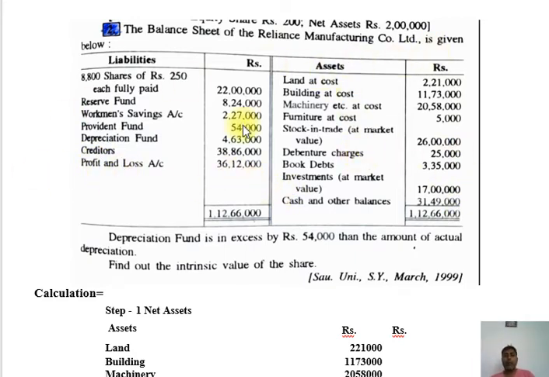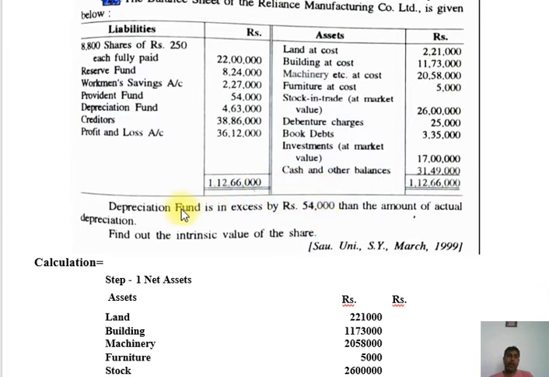Now asset side: land 22 lakh 21,000, building 11 lakh 73,000, machinery 20 lakhs 58,000, furniture 5,000, stock 26 lakhs, debenture charges 25,000, book debts 3 lakh 35,000, investment 70 lakhs, and cash and other balances 31 lakhs 49,000. Total on both sides 1 crore 12 lakhs 66,000. Additional information: depreciation fund is in excess by 54,000 than the amount of actual depreciation. Find out the intrinsic value of the shares.